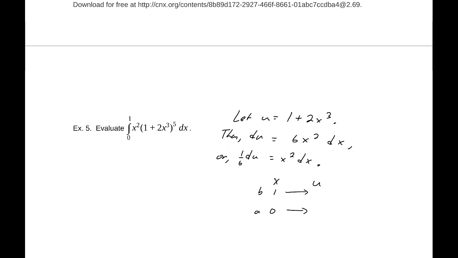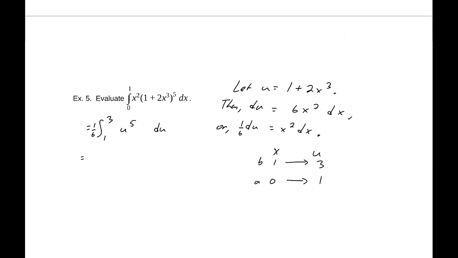If I plug in 1 into my u function here, I get 3. So my new upper limit of integration is 3. If I evaluate this at 0, I get 1. So I'm going to have an integral from 1 to 3 of 1/6 du, and that is u to the 5th.